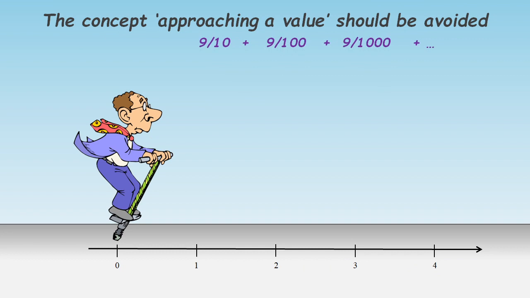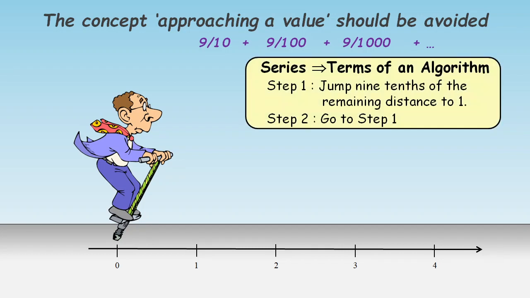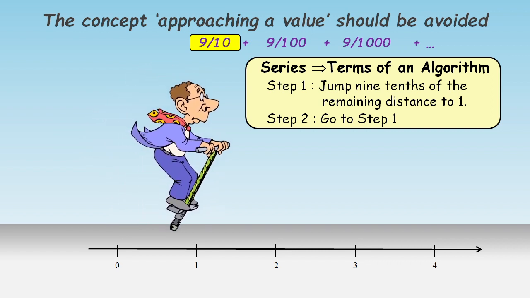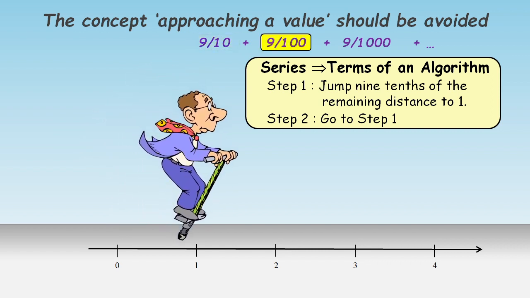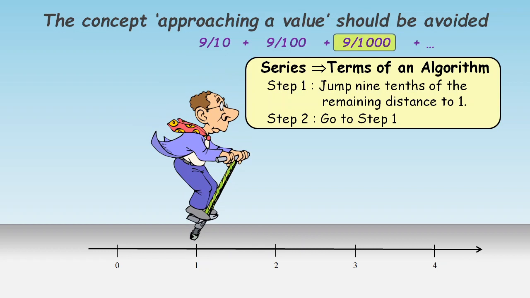We might think of the series in terms of a number of jumps, where each term in the series is produced by a looping algorithm that tells us to jump 9/10ths of the remaining distance to 1, and then it goes back to the start of the algorithm. So the first jump needs to get us 9/10ths of the way from 0 to 1. The next jump only gets us a further 9/100ths, and the third jump advances us by the tiny distance of 9/1000ths.